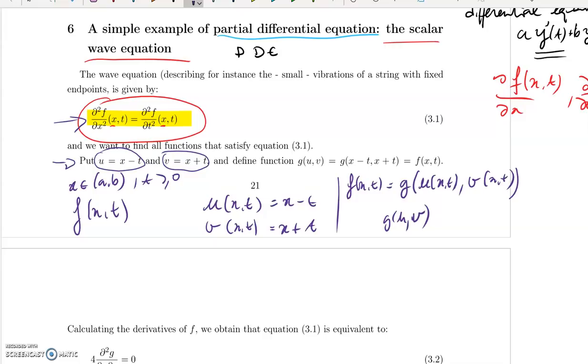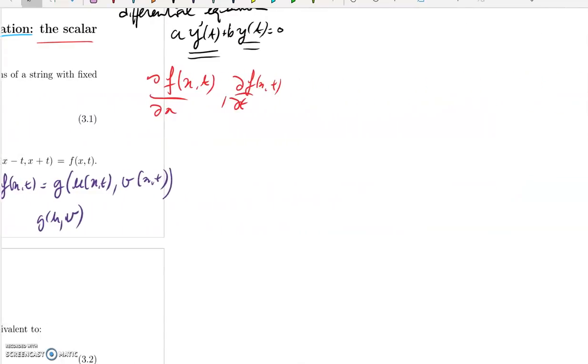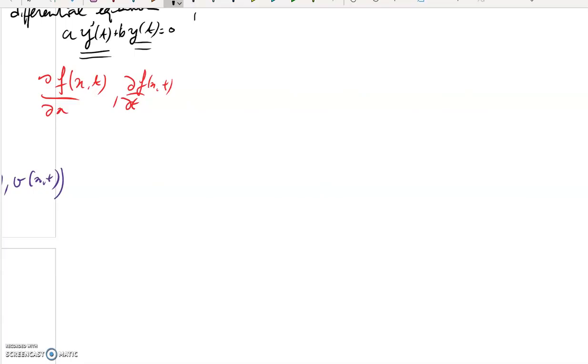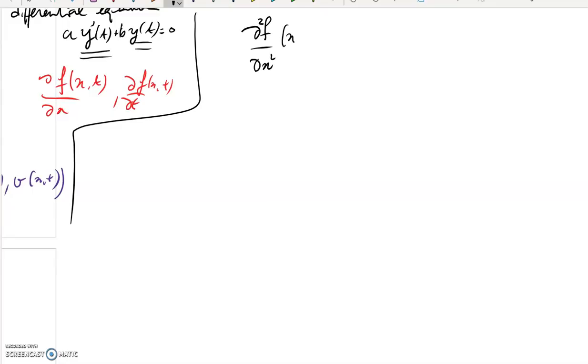And what I'm going to do is, starting with this equation that links the second order partial derivatives of f in each of its variables, we're going to see what it corresponds to in terms of g. Okay, so let's do that on the side. First let us rewrite the equation we want to solve. We have d2f over dx2 as a function of x, t minus d2f over dt square as a function of x, t is equal to 0.